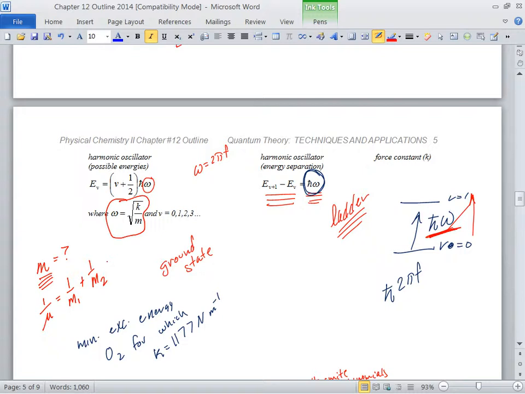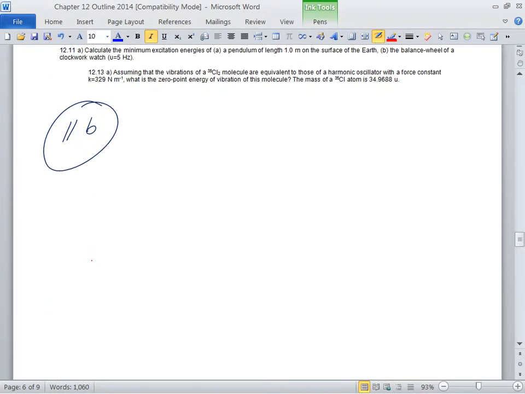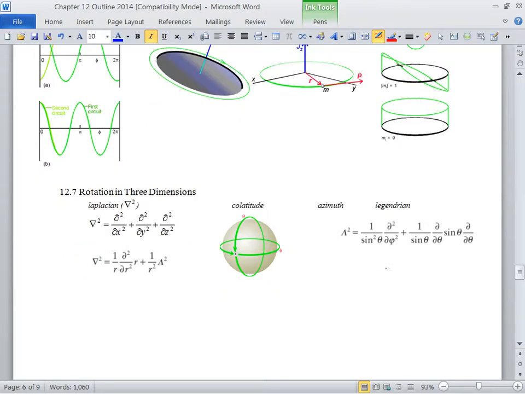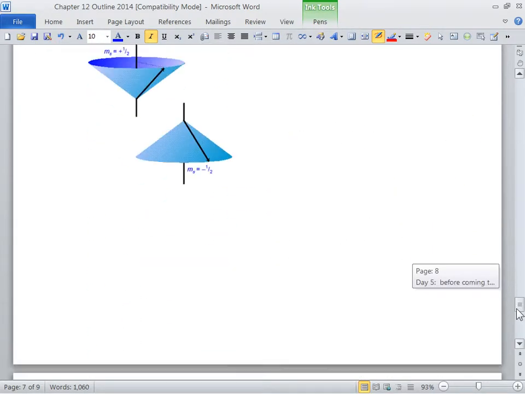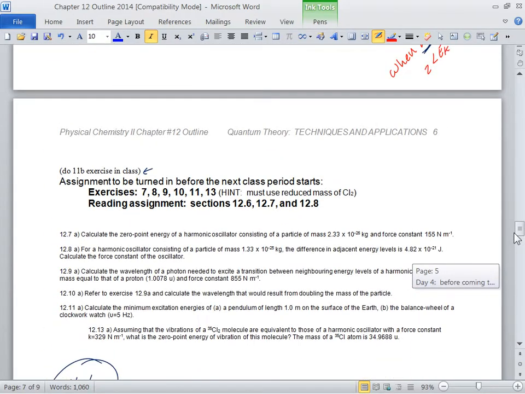Do you have the answers for these? Yeah, I can give them to you. What did I get? I can't read my own writing. I'll write them down right here. Don't I have answers to the 11B exercise? You just have 6. I don't, shoot.